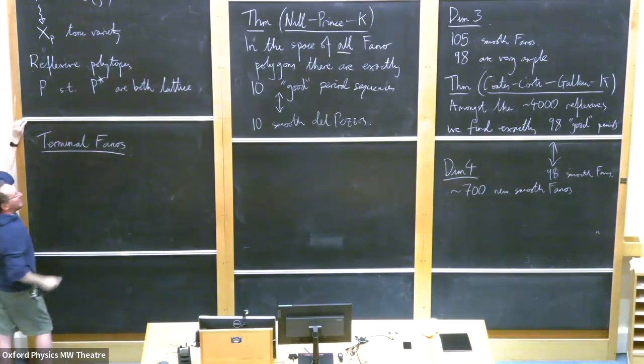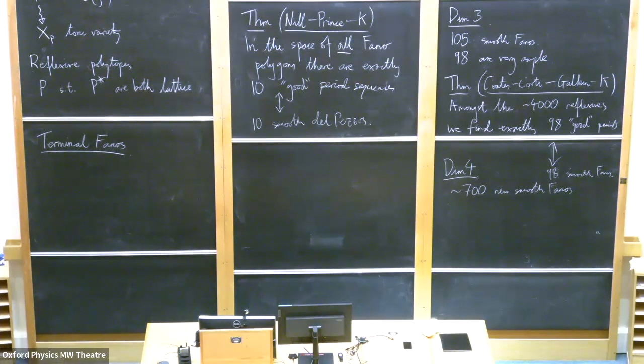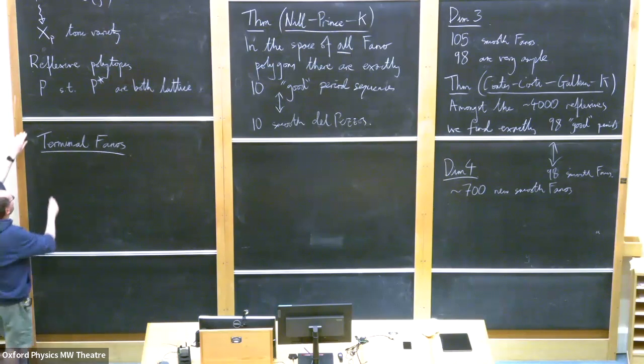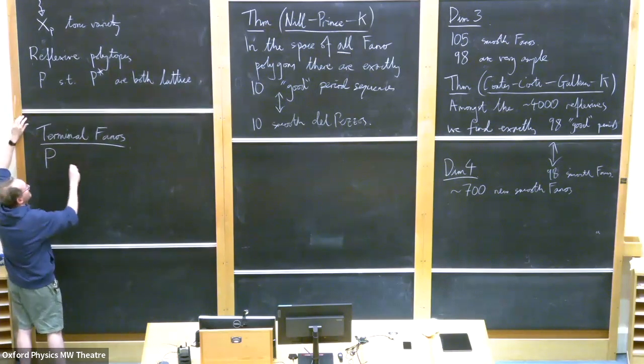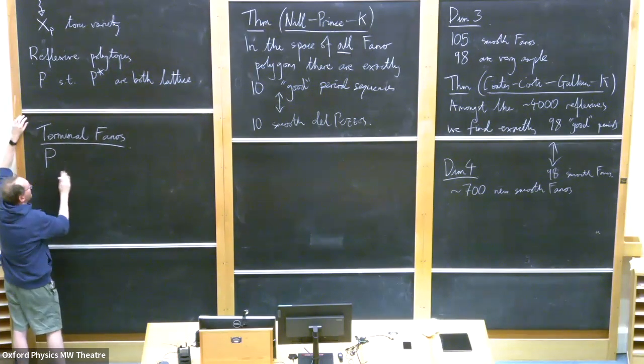There's a wonderful way of viewing that in geometry. So we take P to be a polytope, a Fano polytope.